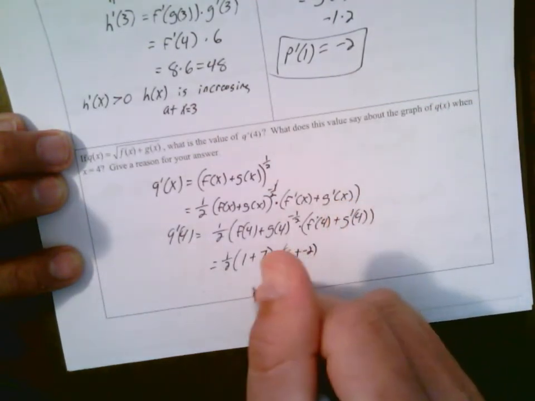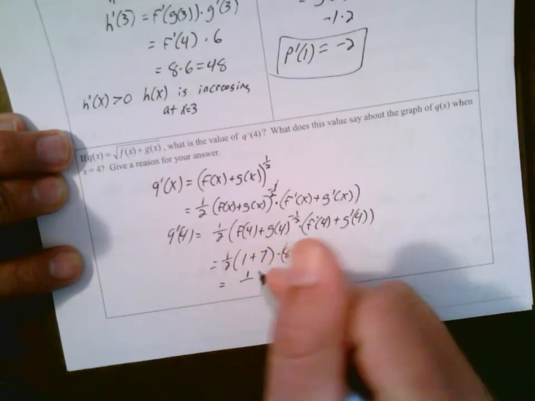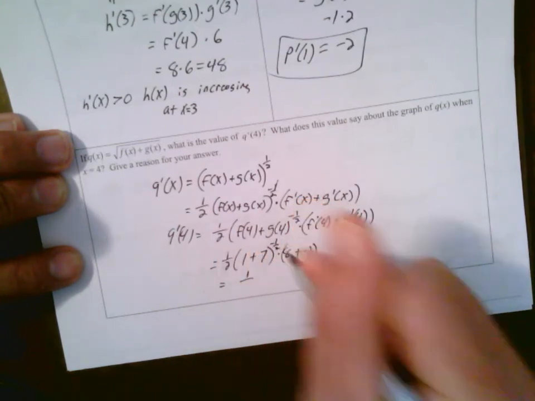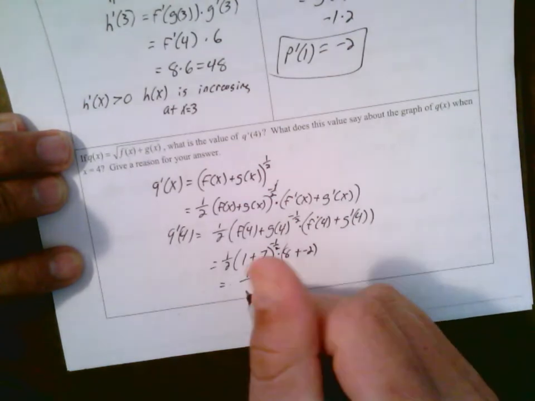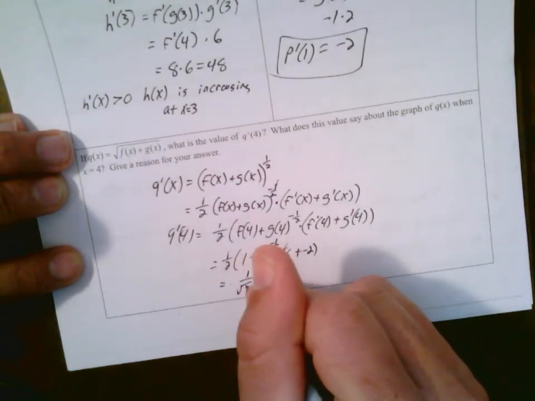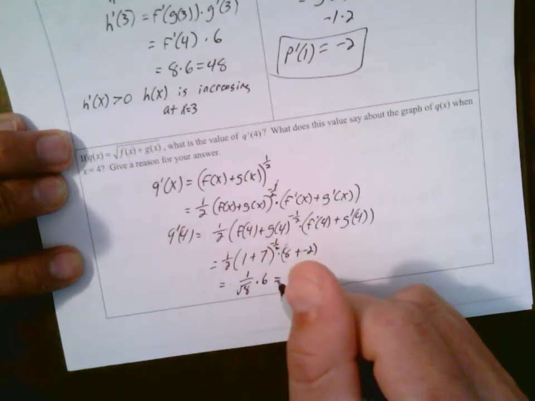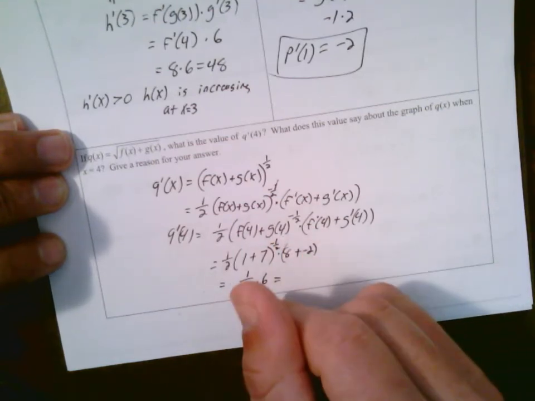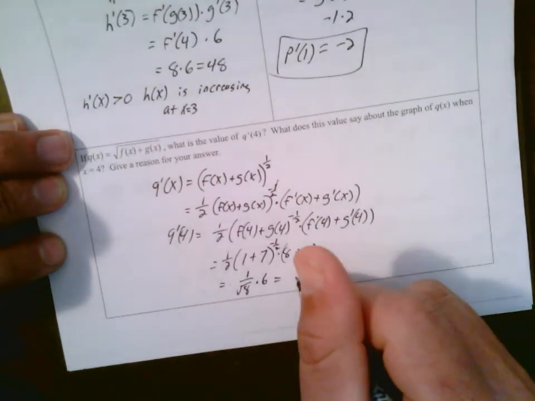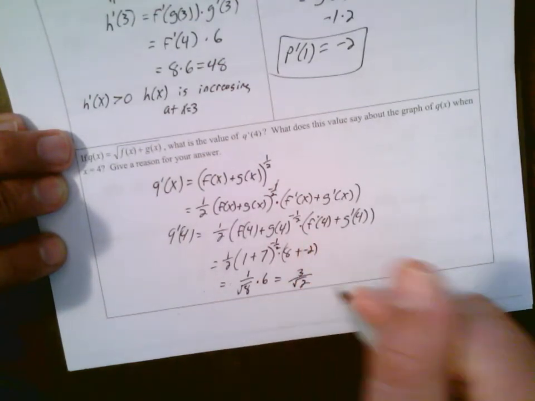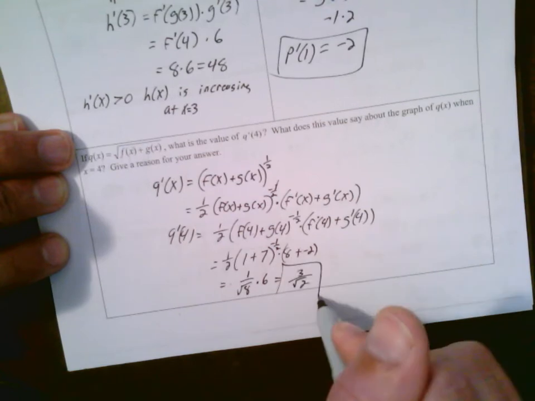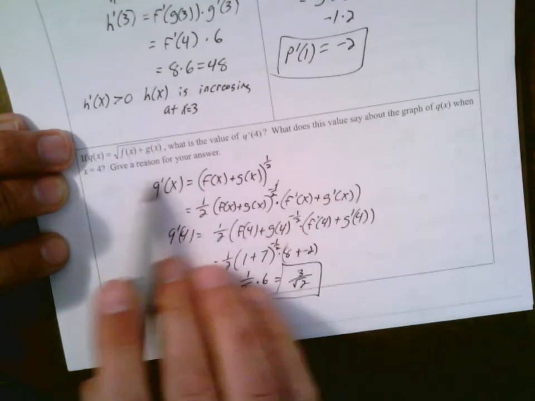So I got 1/2 times square root of 8 times 6. So if you wanted to simplify it, that's 2 square roots of 2 in the bottom. So I get 3 over square root of 2. Alright, that's good enough. What does this say about q of x when x equals 4?